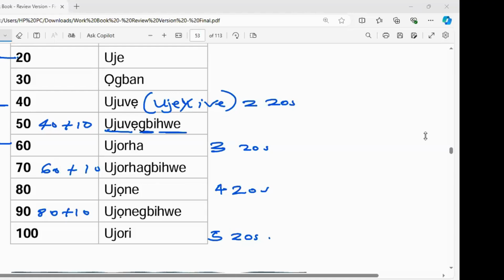Ujora Bikwe Bovo. Ujora Bikwe Bive. Ujora Bikwe Bera. Ujora Bikwe Bene. Ujora Bikwe Biore.